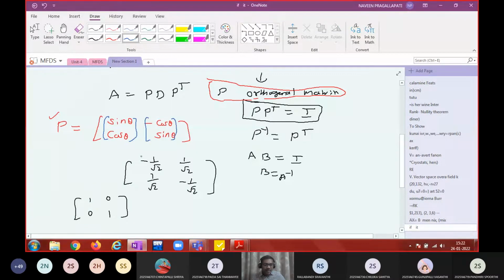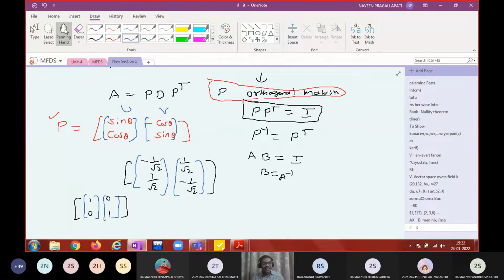what properties are these vectors having? Can you tell me? You call this U. You call this V. Then what are U and V? Can you see any relation between U and V? Observe carefully.